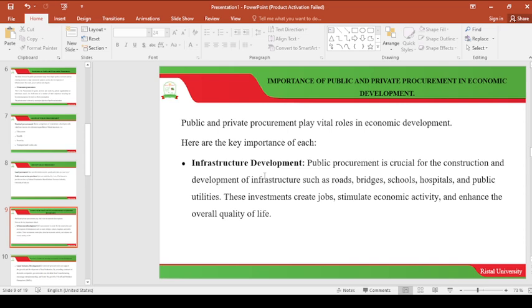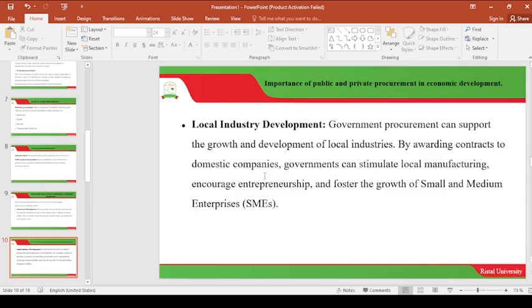Under infrastructure development, government would like to construct the roads, and here comes in the procurement process to obtain the vendor or the supplier or the contractor who will undertake that activity. So that is one of the importance of public and private sector procurement.